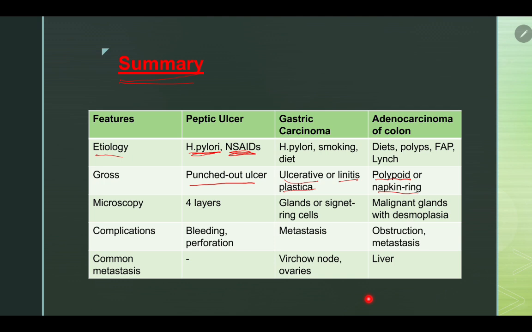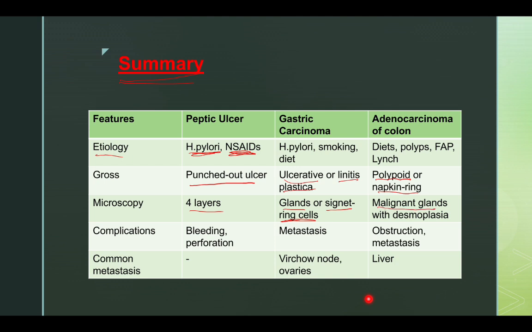Peptic ulcer microscopy has 4 layers, that is superficial exudative zone, granulation tissue, and fibrous scar, as well as inflammatory cells. The microscopy of gastric carcinoma shows glands or mucin glands or signet ring cells, whereas in adenocarcinoma of colon microscopy we can see malignant glands with desmoplasia.